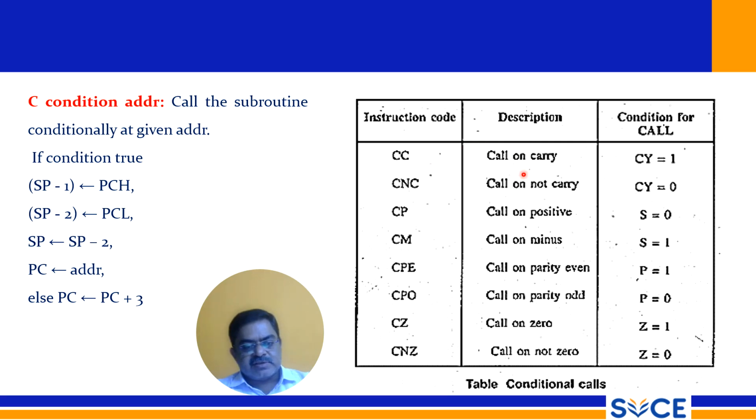CC is call on carry, CNC is call on not carry, CP is call on positive, CM is call on minus, CPE is call on parity even, CPO is call on parity odd, CZ is call on zero, and CNZ is call on not zero. So these are the conditions.